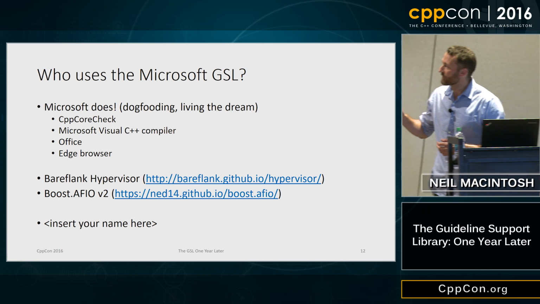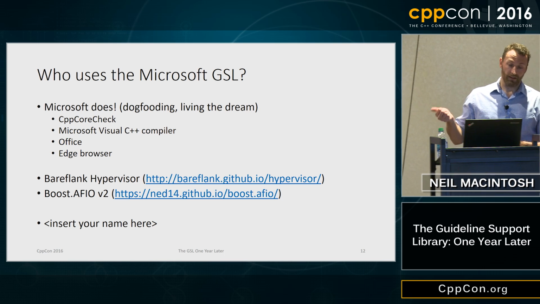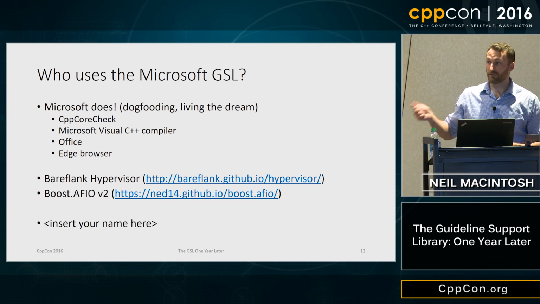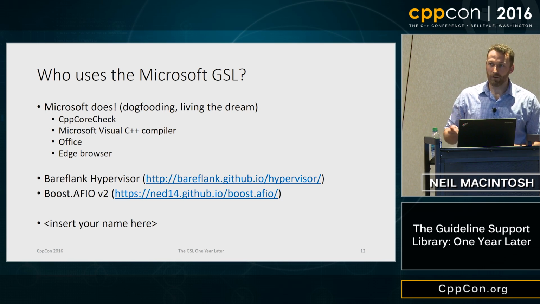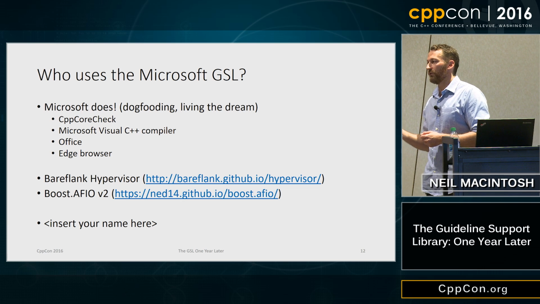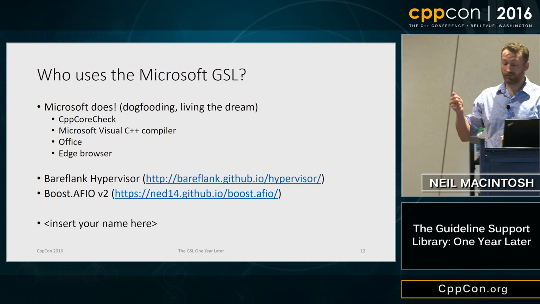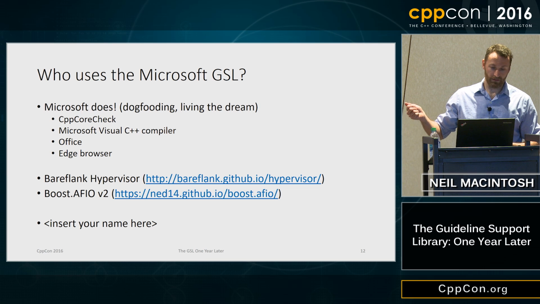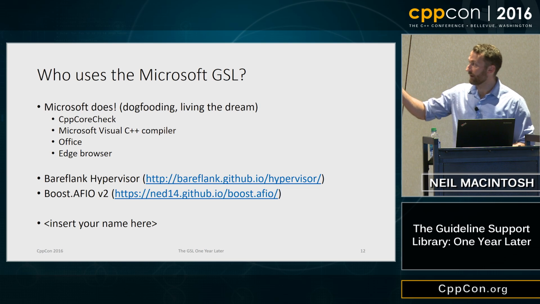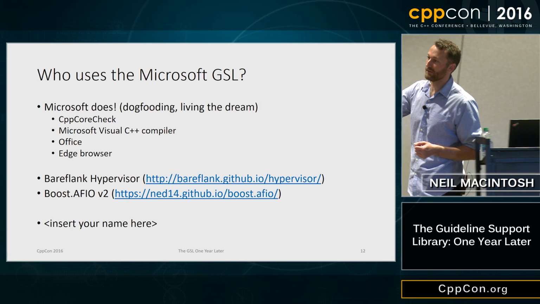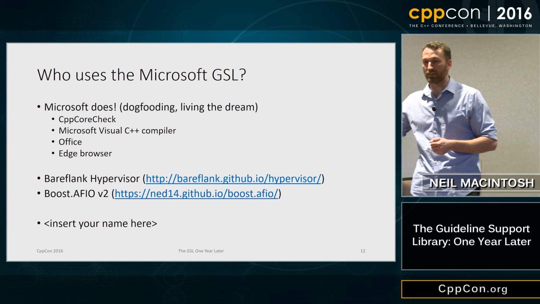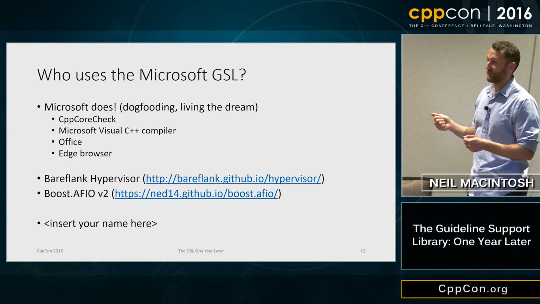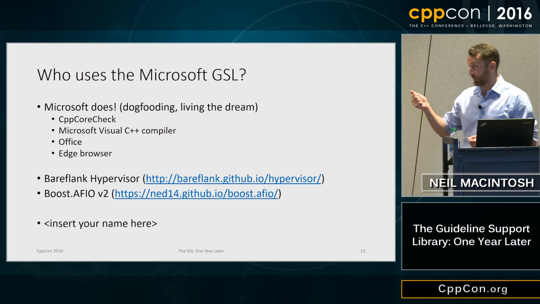There's also some other names up on the slide though, and there are some exciting open source projects that I know about that are also using the GSL. They both happen to be projects whose contributors or leaders are giving talks or have given talks at this week's conference. So there's the Bareflank hypervisor that Ryan Quinn works on. And I think a hypervisor is a good example of a pretty low-level piece of code, and it's using the GSL.